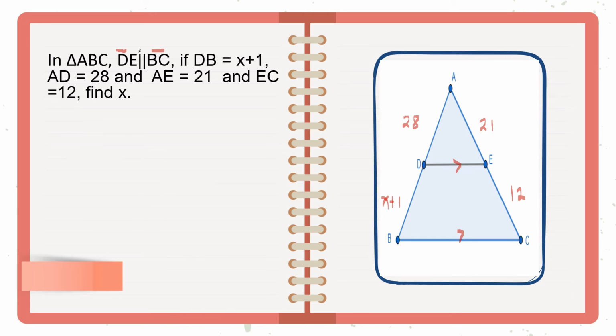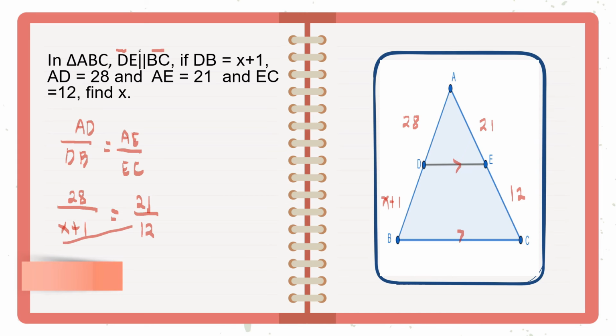So there are many possible proportions that can be formed. So we can use, again, AD over DB equals AE over EC. So by substitution, we have 28 over x plus 1 equals 21 over 12.